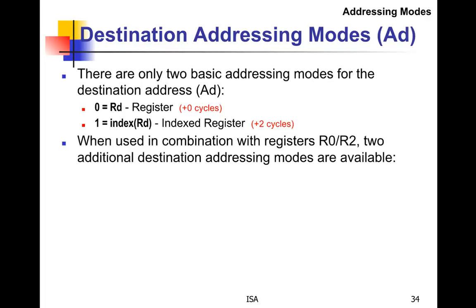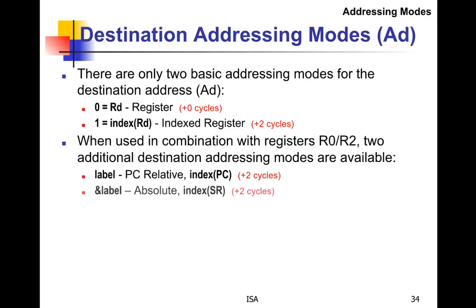When used in combination with register 0 and register 2, 2 more additional modes are available. That's you can go PC relative. You can go wherever you happen to be plus so many addresses, or you can do absolute addressing.